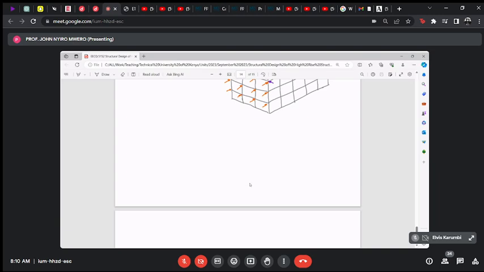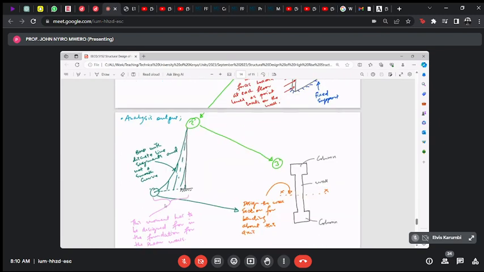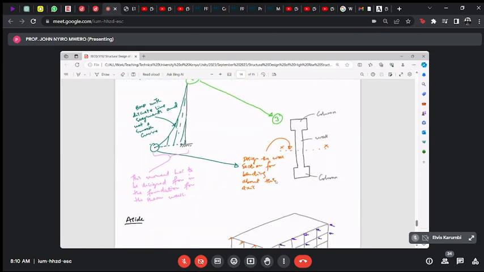Now we also came to a point where we said, so how do we analyze the shear wall? And we said we idealize it as a vertical cantilever. For it to be a vertical cantilever, it has to be fixed at the bottom, so it has a fixed support. So we fix it, we load it, we analyze it, and then we design it. We said two important items in the design is that we have to ensure that the wall is able to take the bending moment in its cross section.